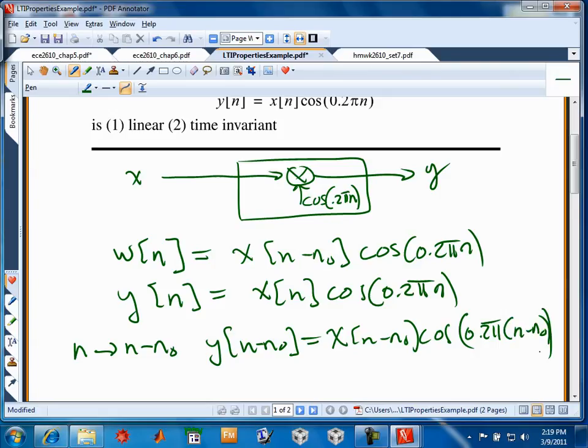Does that look right? Because we're picking the entire waveform up at the output and delaying the entire waveform by n naught, whereas in the first case, we just delayed the input by n naught. The system just sat there and said cosine 0.2 pi n is what I do all day long. It has no knowledge that the input has shifted. See that they're not equal, right?